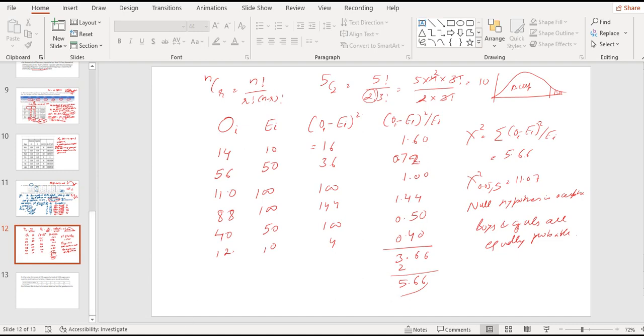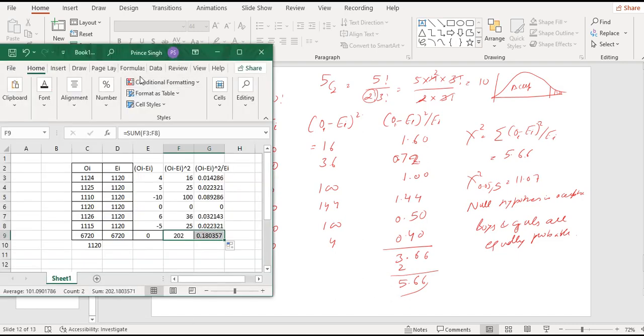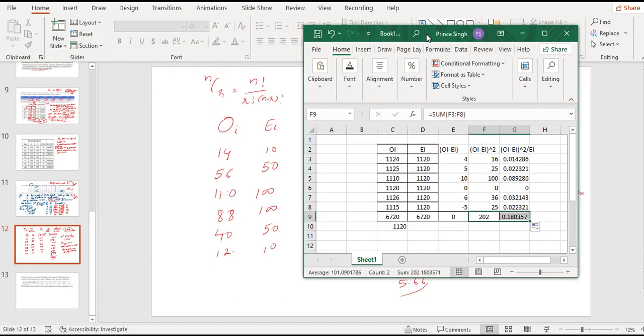Again, if we want to cross check our calculation part, then we can use Excel also, right?